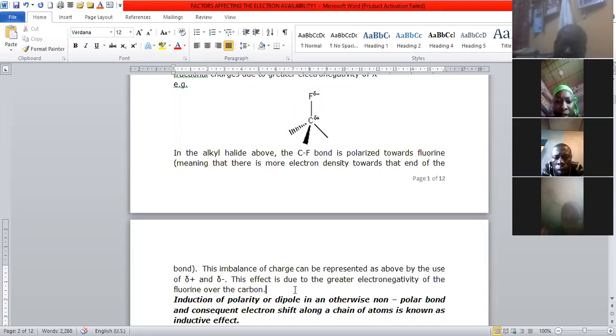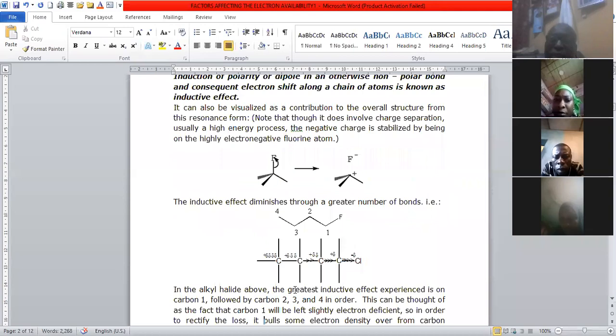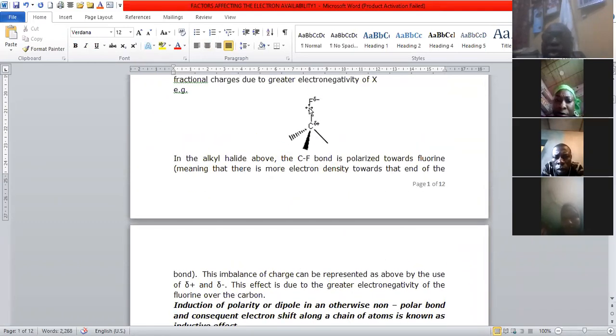Before I go further, in this situation in which we have fluorine and carbon joined together, fluorine is pulling the bonding electrons towards itself.